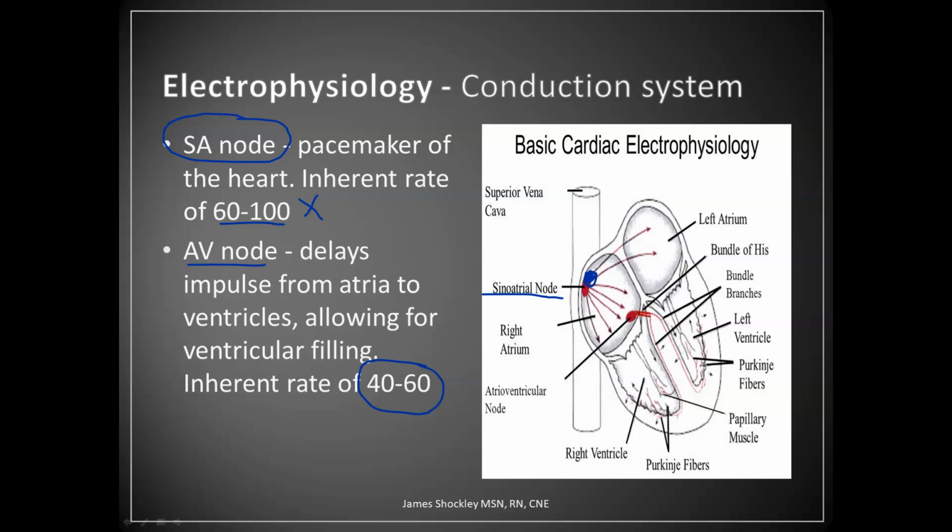Well, that isn't great, but something is better than nothing. Now, we're going to have to be able to fix whatever caused that, or give them medication to increase their heart rate, or do a procedure like a pacemaker to help them increase their heart rate.